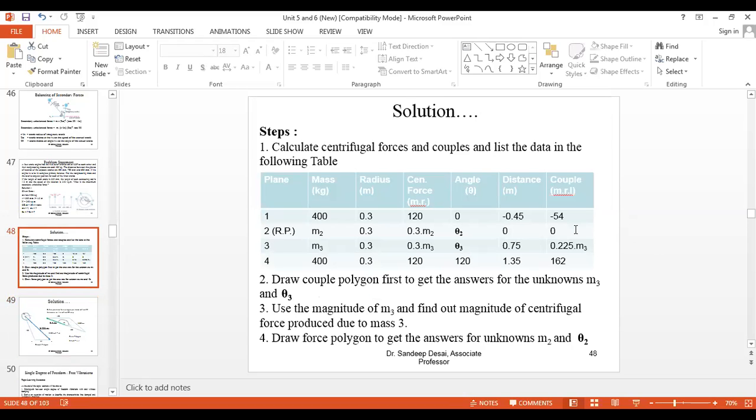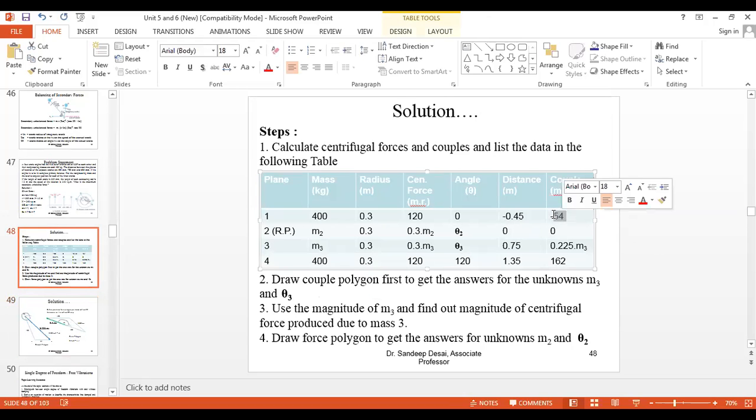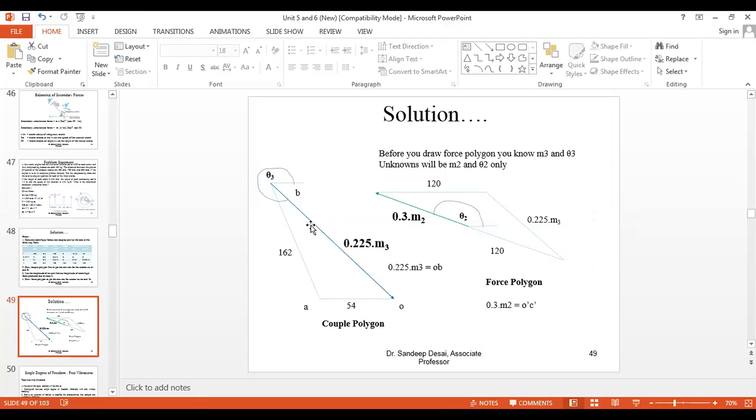Now what is remaining: minus 54 is plotted at 0 degree. This is 0, so it is as good as plotted because it is a point. This was not known, so it was kept pending. 162 is plotted at 120 degree. Now if you exclude the blue colored line, it shows that the couple polygon is open, not closed, which indicates that the system is unbalanced.